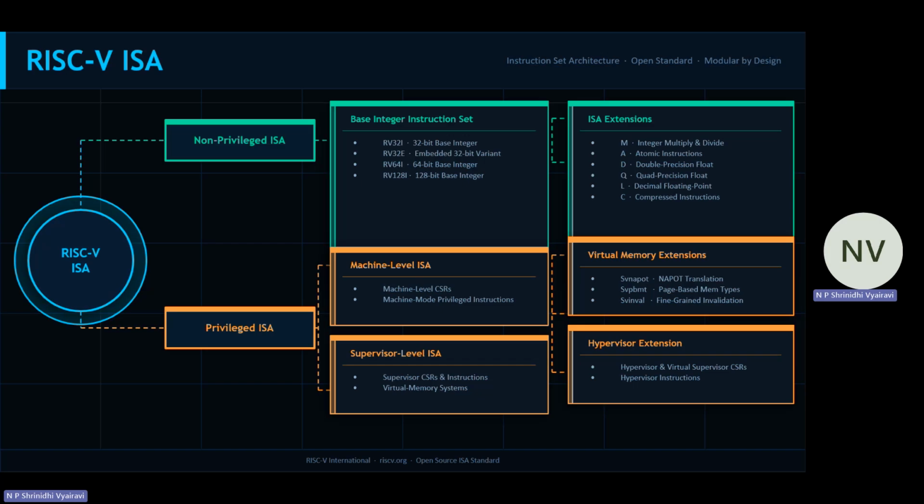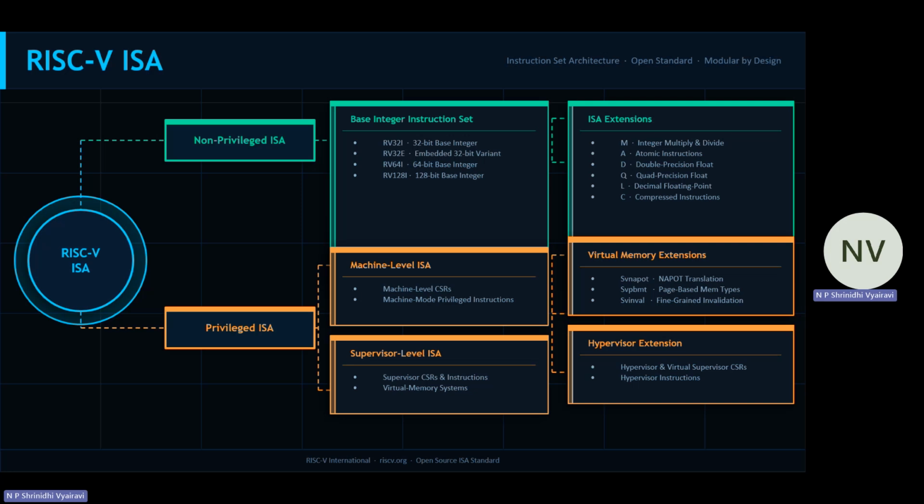There are three modes to it. U mode, let me write it, U mode, S mode, and M mode. U stands for user mode, the base instruction set that we looked at, and maybe adding on different instruction sets. You can use the add, subtract, multiply, division instructions like a normal user.